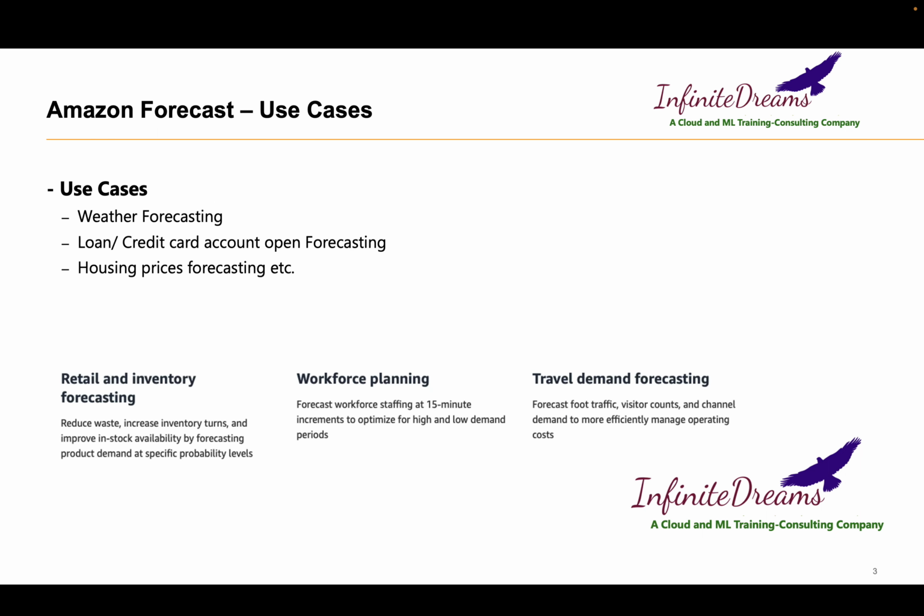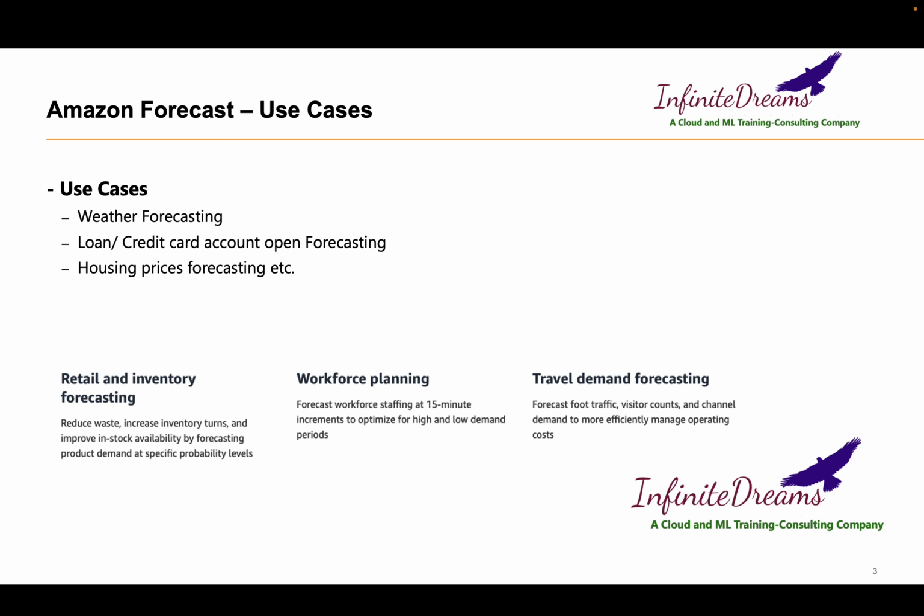So these are some different types of use cases where we can use the forecast service. Weather forecasting is one of the very generic use cases, where we want to forecast the weather for the next 7 days or 15 days. In the banking industry, we want to do forecasting for new credit card accounts opened or new loan accounts opened.